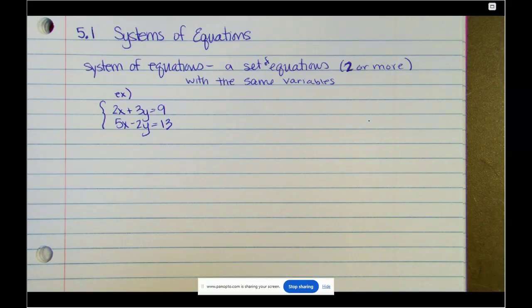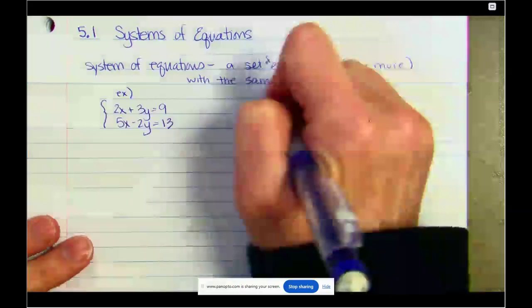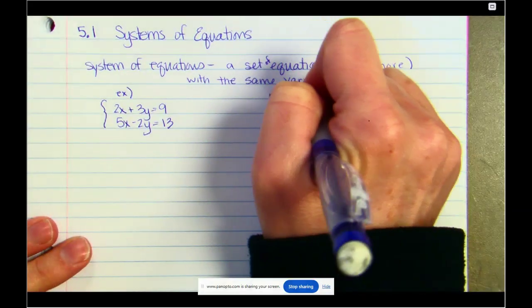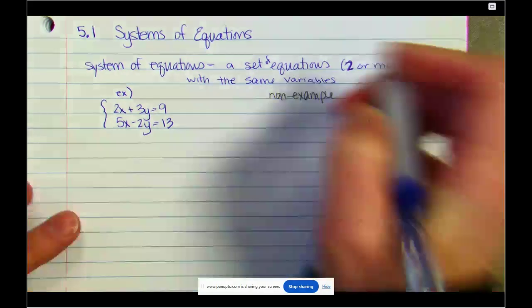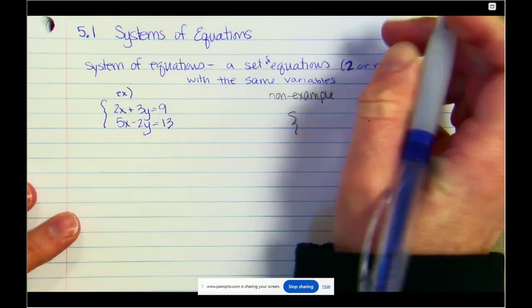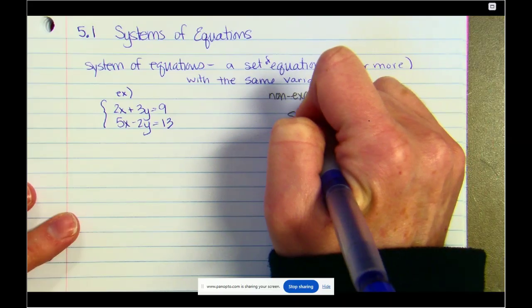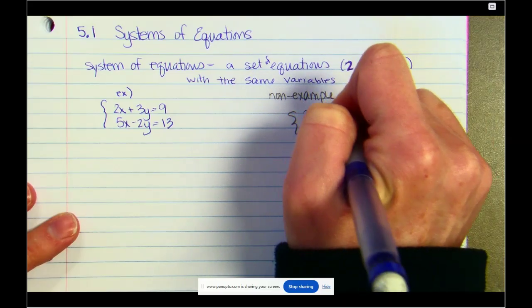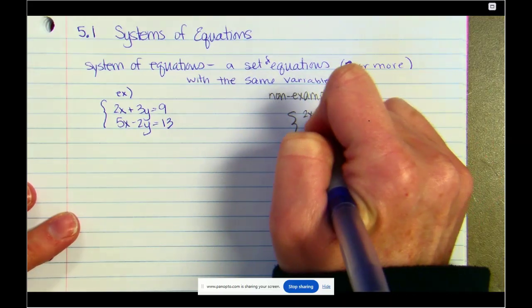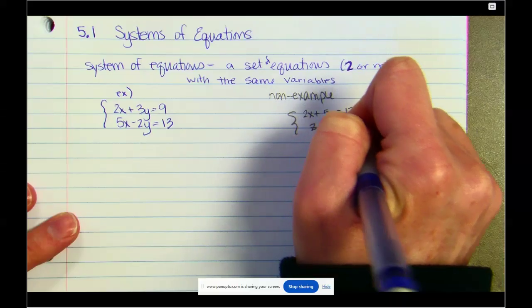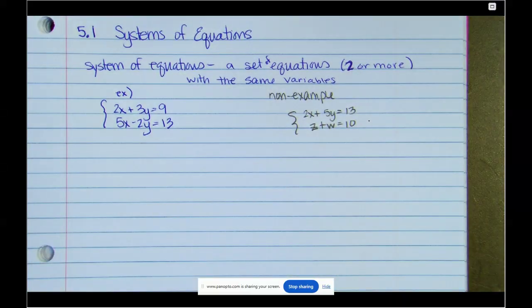Okay, let me show you what's not. You don't even need to write this unless you feel like you want to. But this is a non-example here. Okay, so if I did something like this, 2x plus 5y equals 13, and z plus w is 10. Why is that not a system of equations based on my definition?